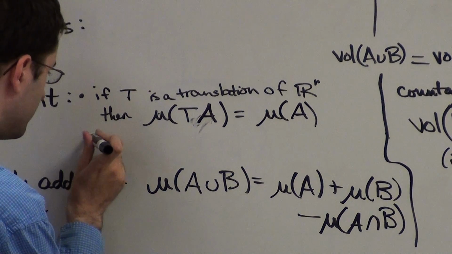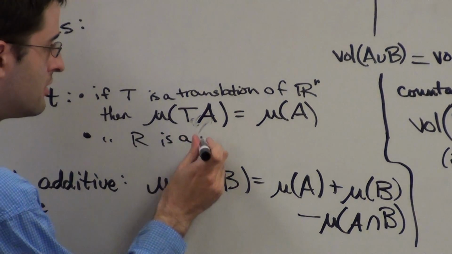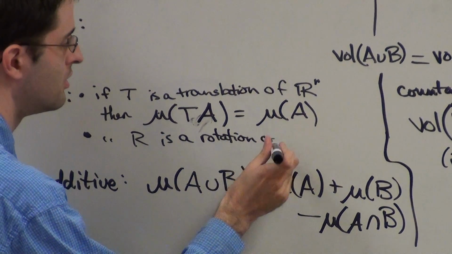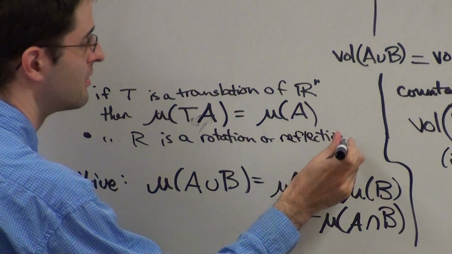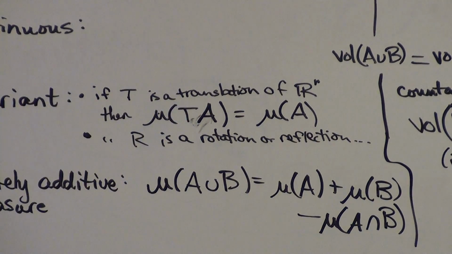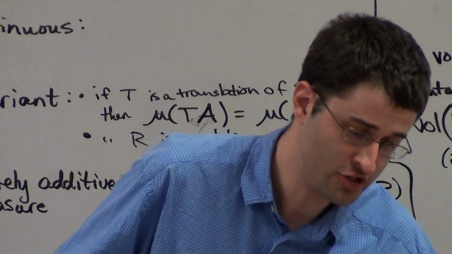And you could do the same thing if you had some sort of rotation, reflection. So you can have translation invariance, rotation invariance, reflection invariance, all the usual rigid motions of space.